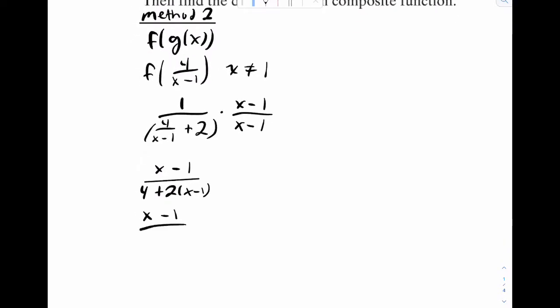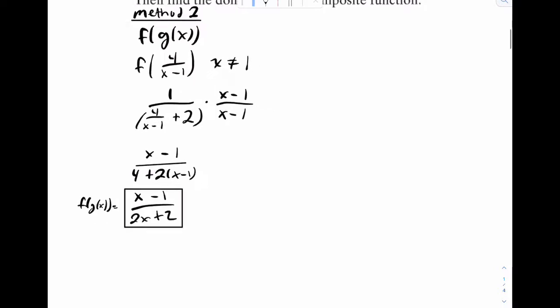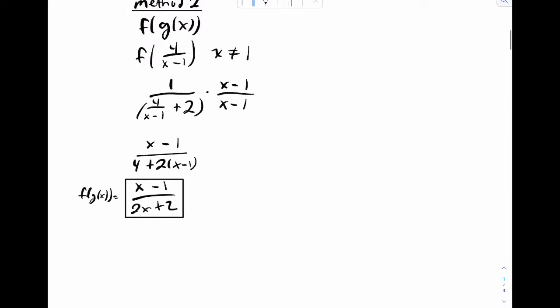And now we can see it, right? x minus 1 over 2x plus 2. So there is our f of g. So make sure you know what you're finding, right? That's f of g. And once you're here, you're also going to note, I can see x can't be negative 1 just by looking at it.